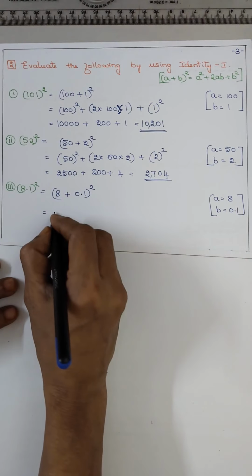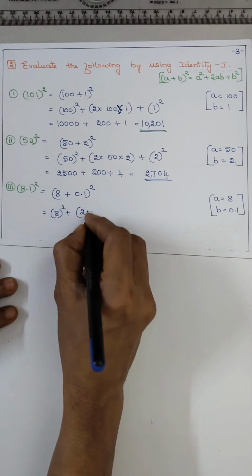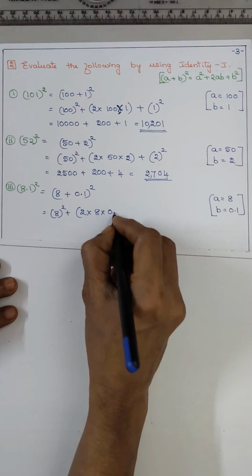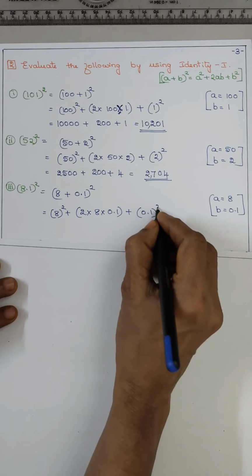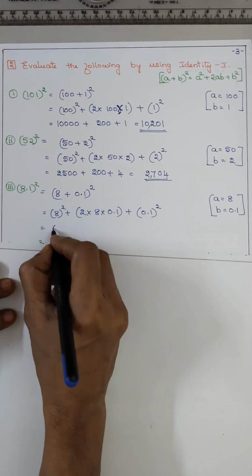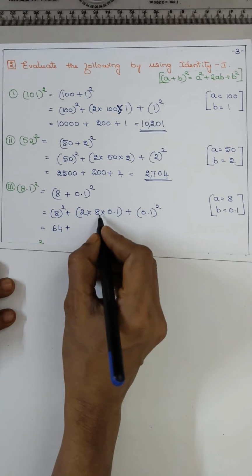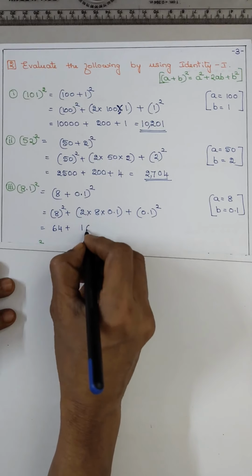Now A squared, 8 square, 2ab, 2 into 8 into b is 0.1, plus b squared, 0.1 the whole square. 8 squared is 64, 2 8s are 16, 16 1s are 16.